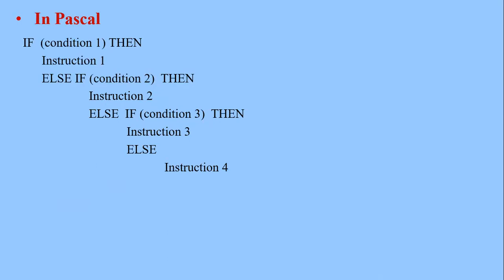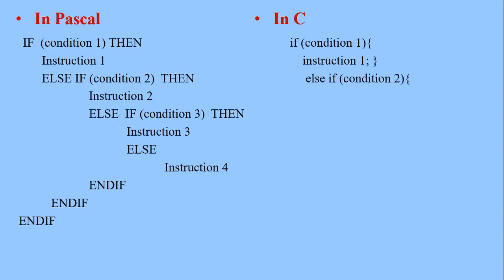So this end if is ending condition 3. This other one is ending condition 2. And this one is ending condition 1. So every condition should be ended. In C, we use braces to do that. So we write the same in C as follows.